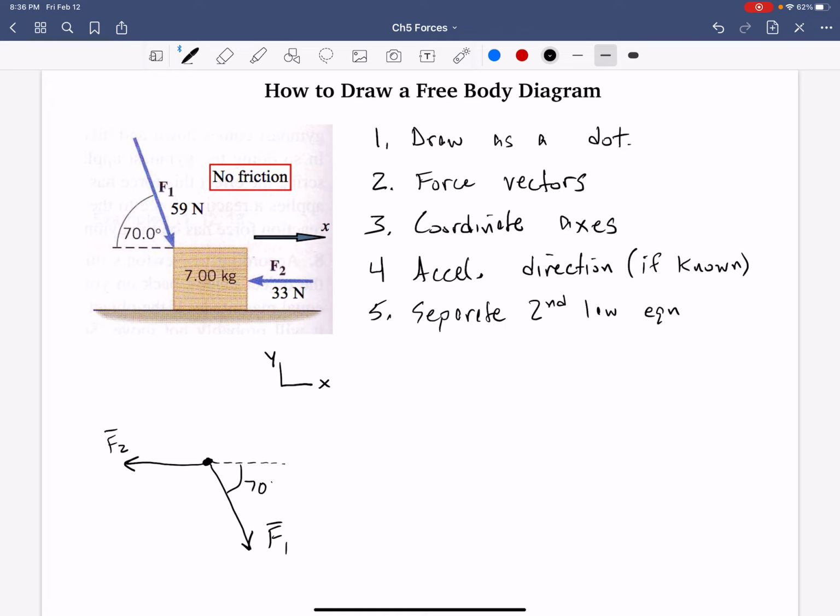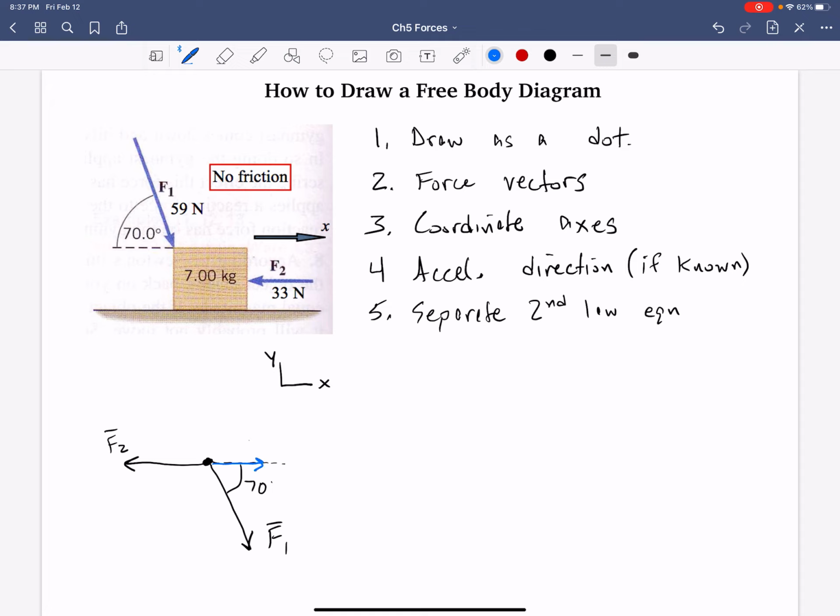We need to break these up into components, okay? And so you can do this on the same free body diagram, or you can do it to the side as another one with just components, right? For lack of space, I'm going to do it on the same diagram.